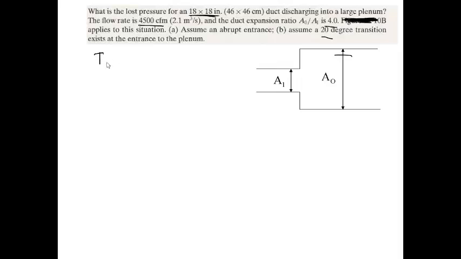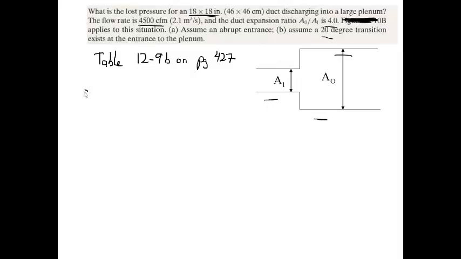So again, this is using table 12.9b on page 427. So I want you guys to turn to your books, page 427, table 12.9b. That's a transition from one size duct to another.